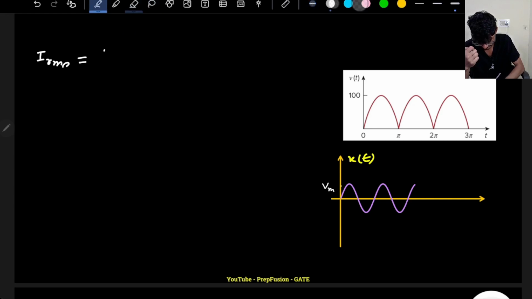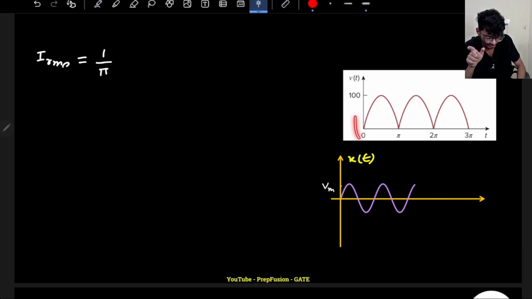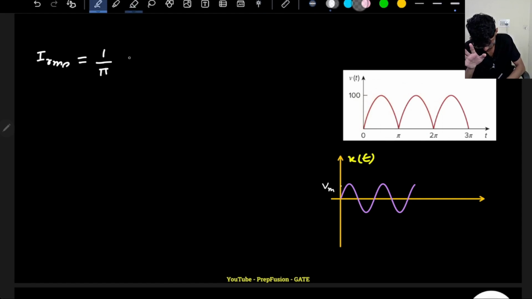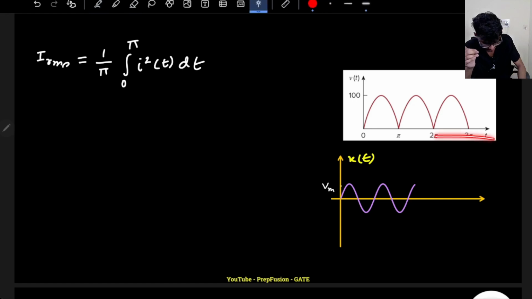IRMS is 1 by pi, because after I square it, it is anyways repeating after pi only. 1 by pi, integration 0 to pi, I square t dt, because the axis is the time axis.